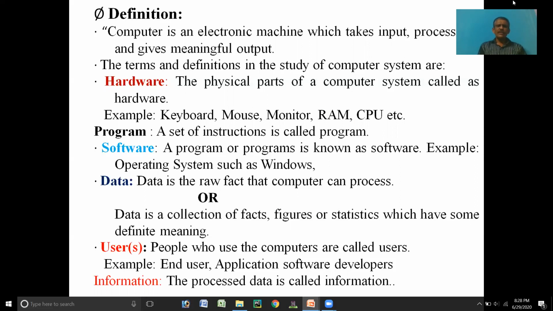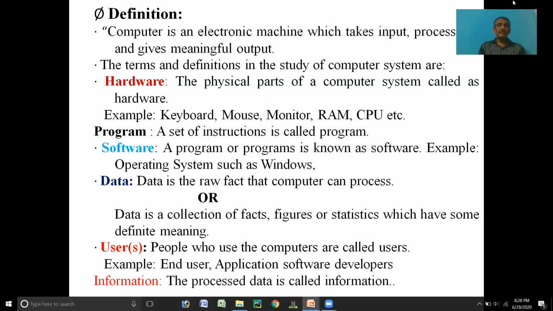So after knowing the definition of computer, we move on to the next topic, the terms used in computer system. First one, hardware.